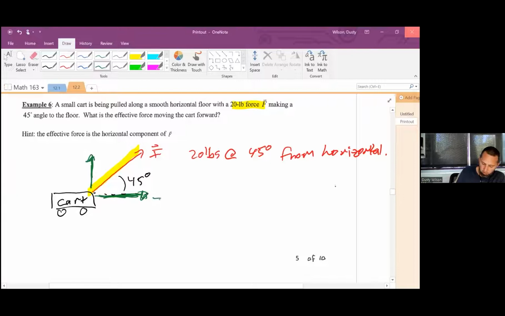Maybe we could call the horizontal part Fx and the vertical part Fy. These are both vectors. So that horizontal part plus the vertical part together form the overall force.